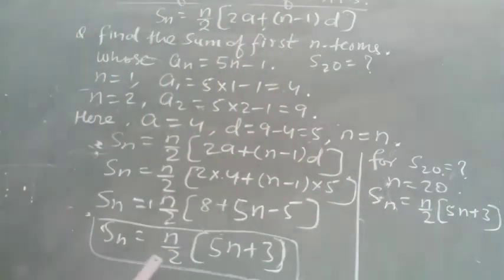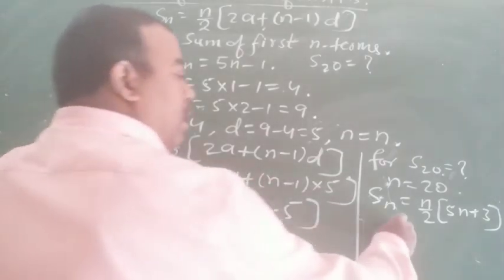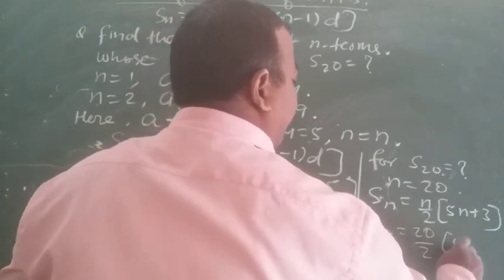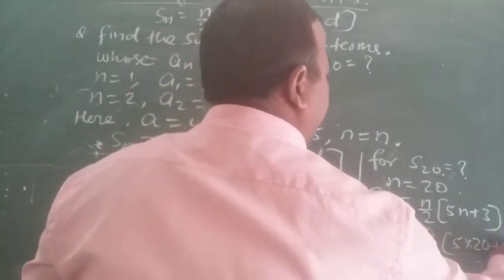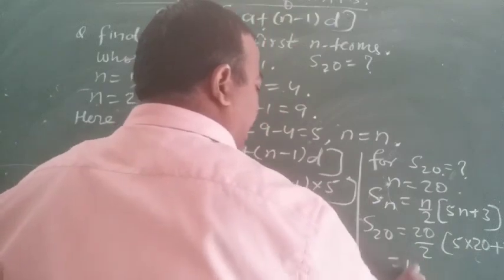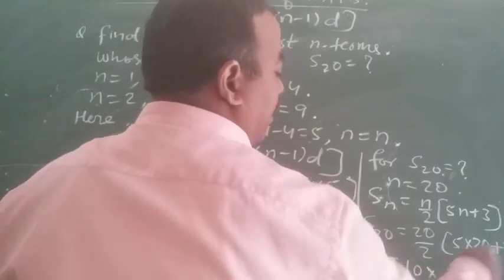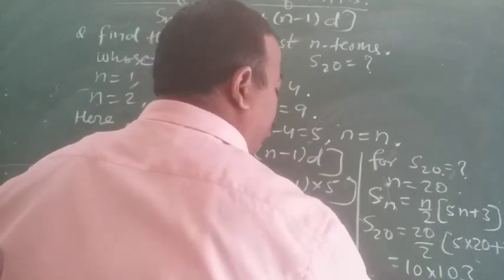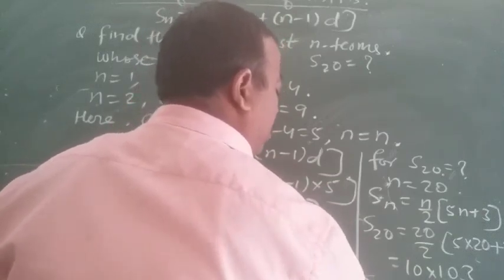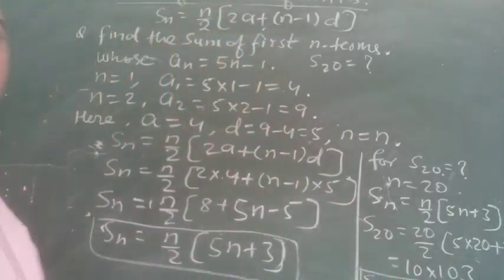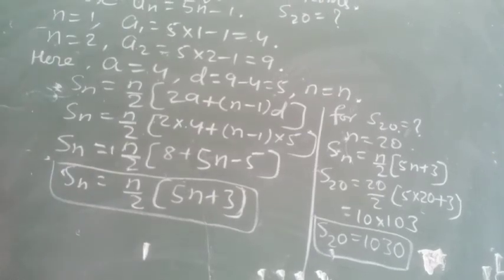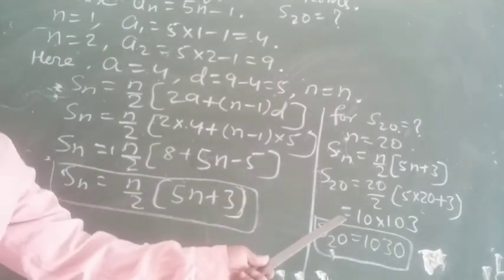So S20 equals 20 by 2 times (5 into 20 plus 3), which is 10 into 103. So the S20 value is 1030. Clear? This is the value of S20, 1030.